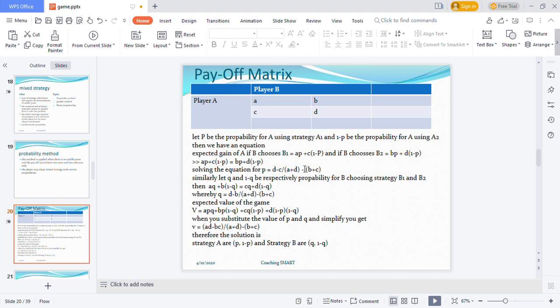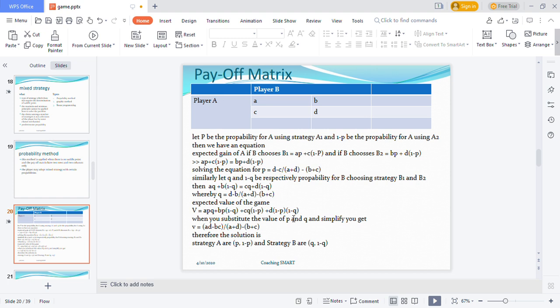Therefore, AP plus C(1 minus P) is equivalent to BP plus D(1 minus P).